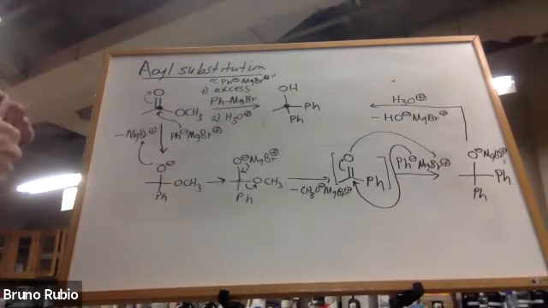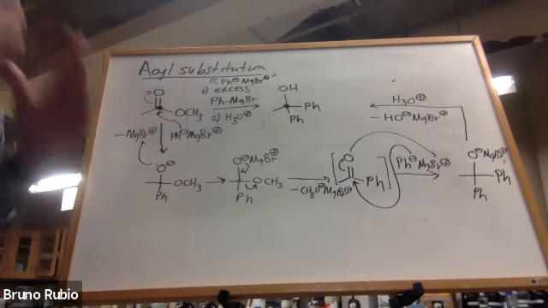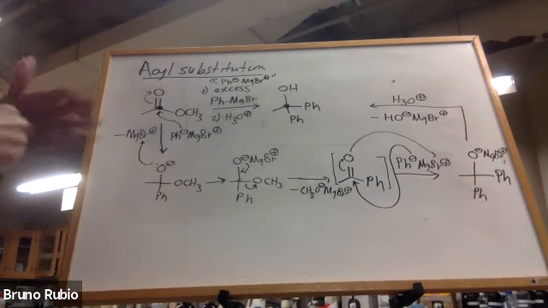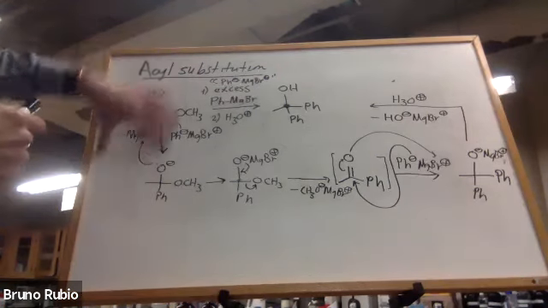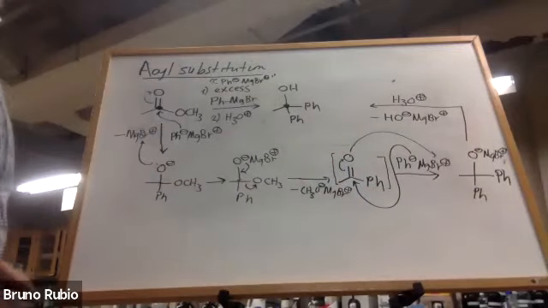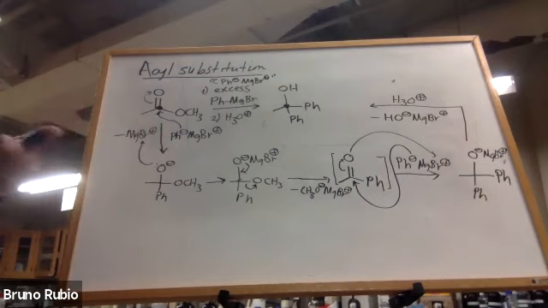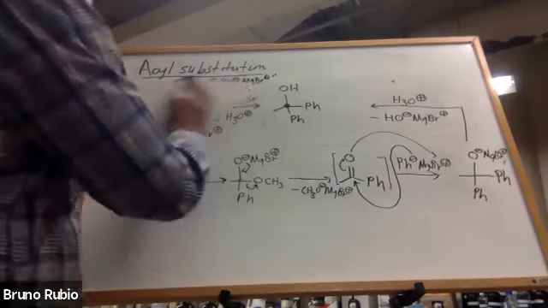Okay, so here's an example of acyl substitution under basic conditions. And once again, just to belabor the point, it's an acyl substitution, and then there's a follow-up reaction which is not an acyl substitution.